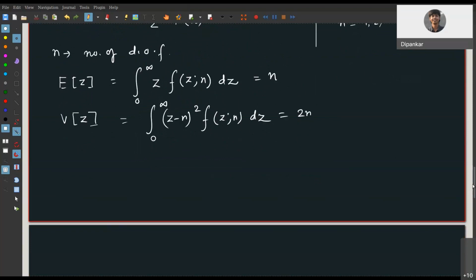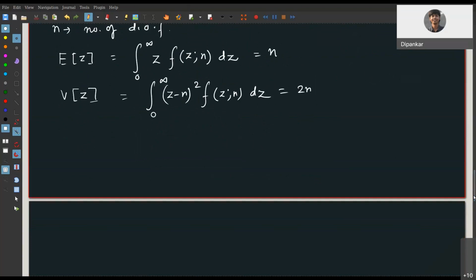It tells you that if there are n independent random variables, suppose there are n independent random variables that I denote by x_i, like i equals 1 to n.